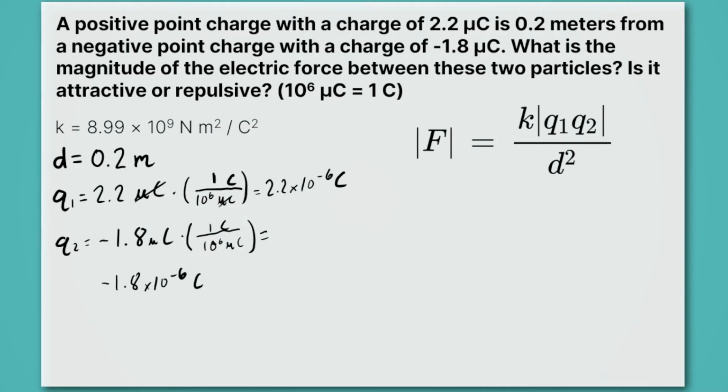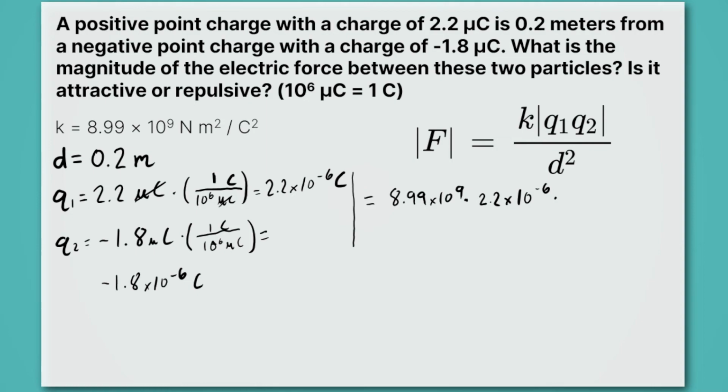Okay, now we have our charges, and we need to calculate our electric force. So let's do that. Our electric force is going to be equal to K, which we know is 8.99 times 10 to the 9th, times our first Q. Remember that we have these magnitude bars, so we need to remove any signs we have in our Q1 and Q2. If they're negative, we just need to make them positive. Our first Q1 is already positive, so we can just go ahead and put times 2.2 times 10 to the minus 6th.